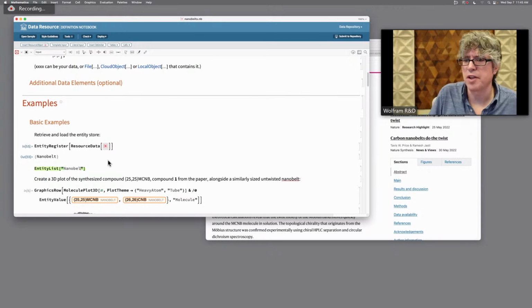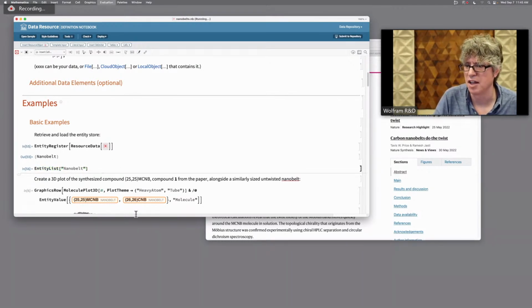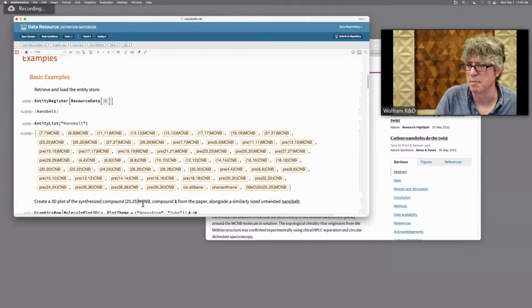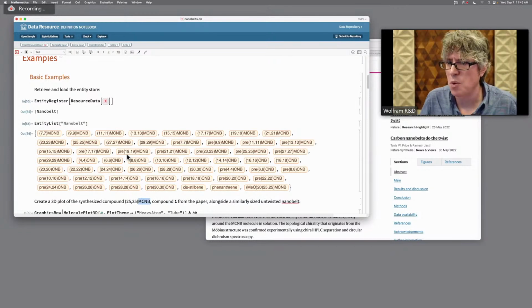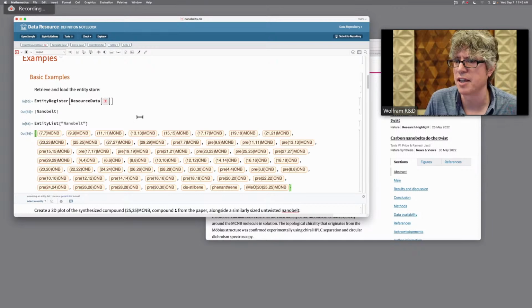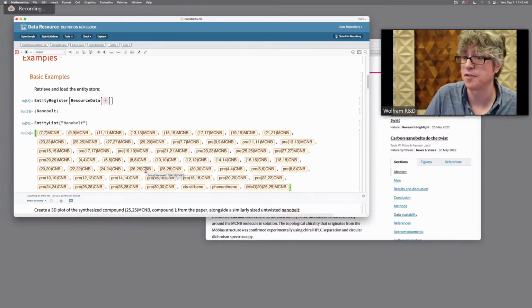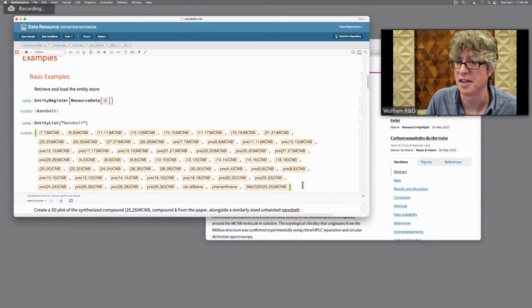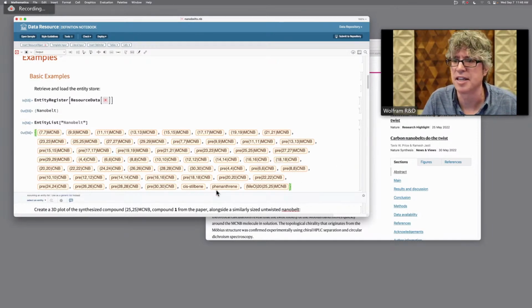What's going on here is that they have the final Mobius carbon nanobelt 25,25. But on the way there, they synthesize quite a few precursors and different nanobelts, and all of the information for all of those was included in the supplementary information.